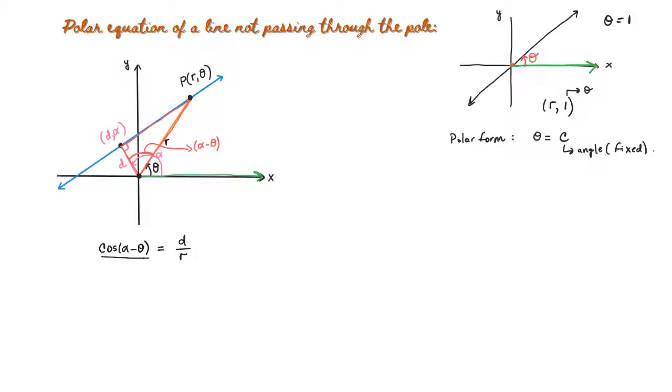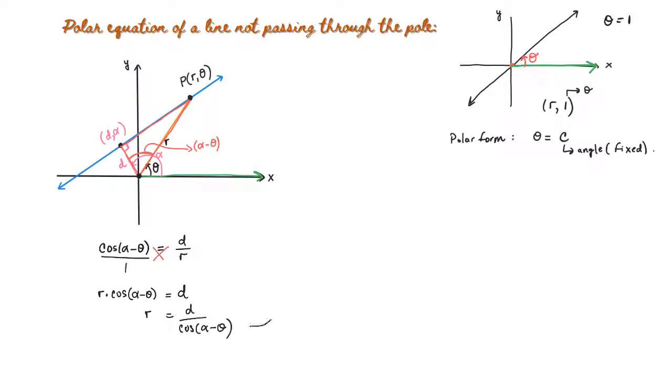I'm going to put this over 1, and I will now cross multiply. So then that is going to be r times cosine of alpha minus theta equals d. I'm going to solve for r. r is equal to d over cosine of alpha minus theta.